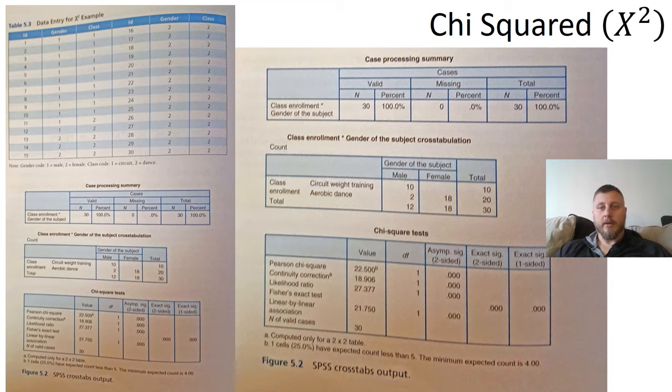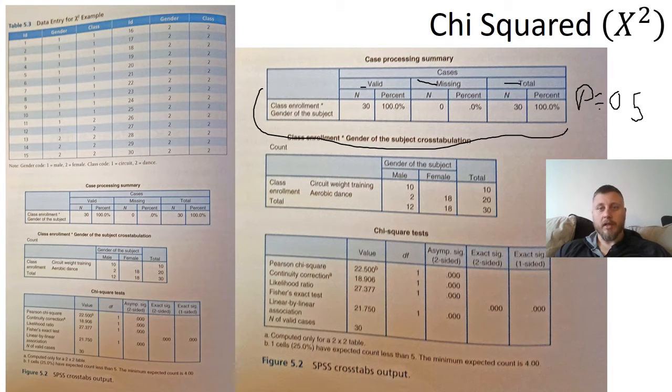But getting back onto this example here, without reading into the chapter, they set the p-value at 0.05, which means anything below that makes it a significant result. Starting from this top category here, we're looking at valid, missing, and total.